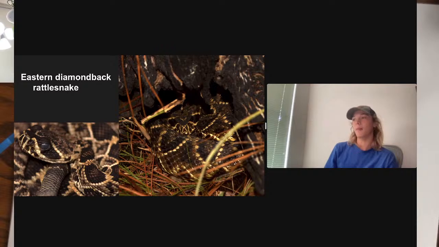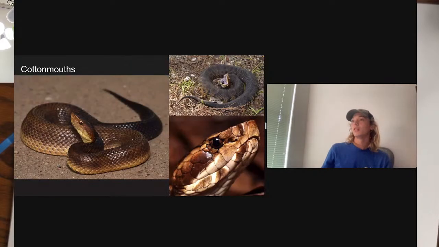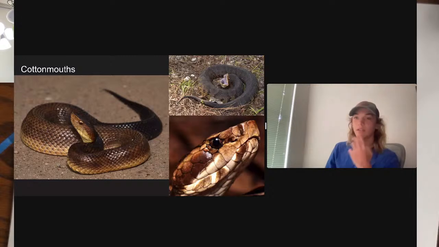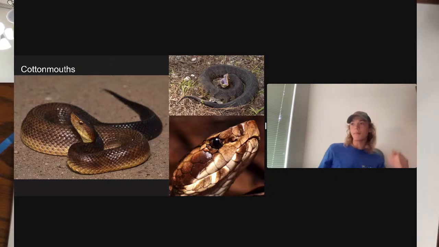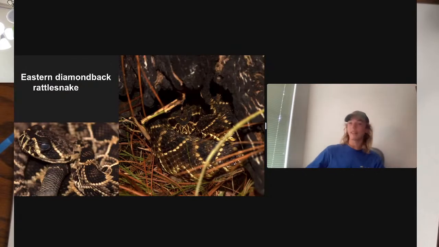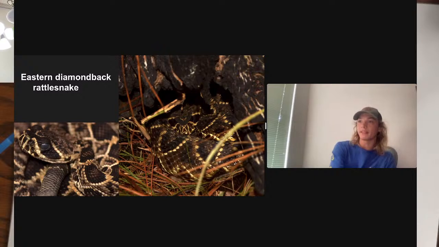But a lot of non-venomous snakes also lay eggs. That's wild. So rattlesnakes are technically vipers? Yeah, rattlesnakes and cottonmouths are pit vipers. That's because they have these heat-sensing pits, and you can see right there. Okay, that's really cool. Pit vipers.